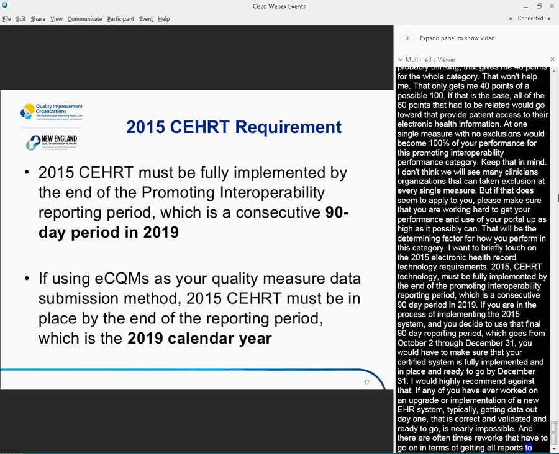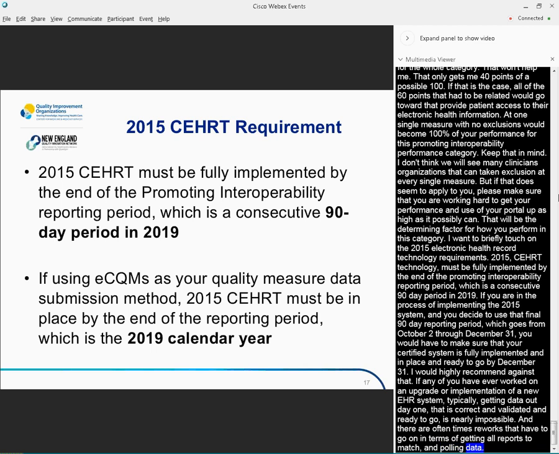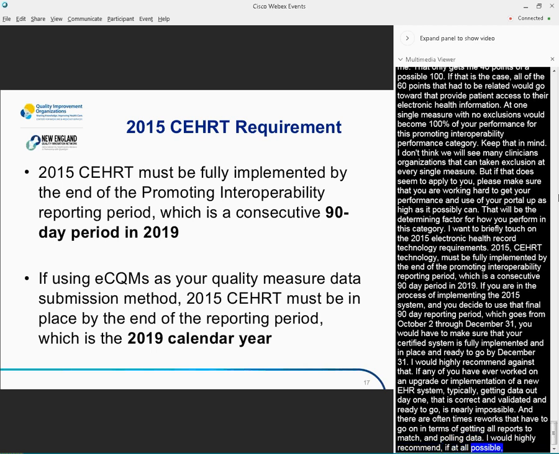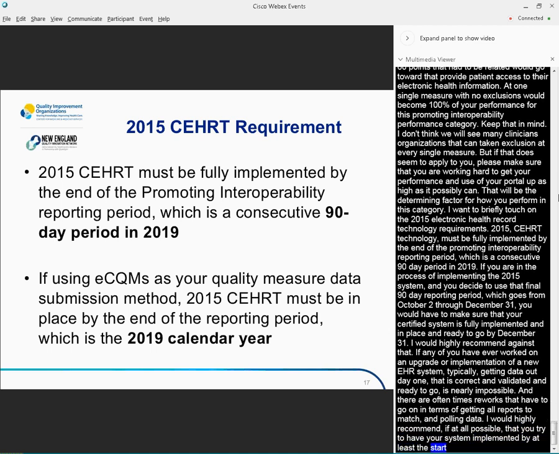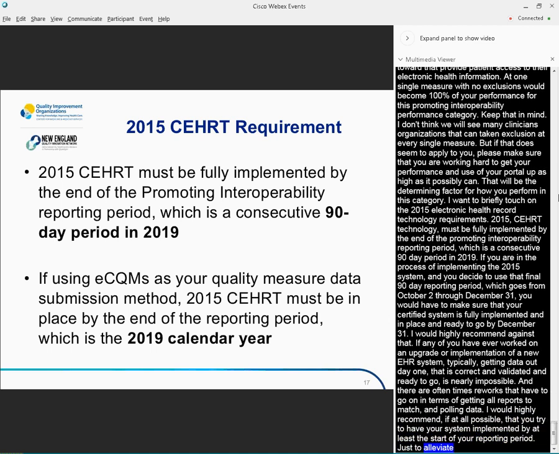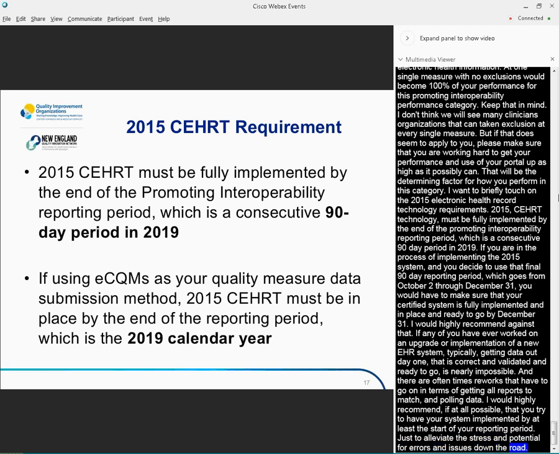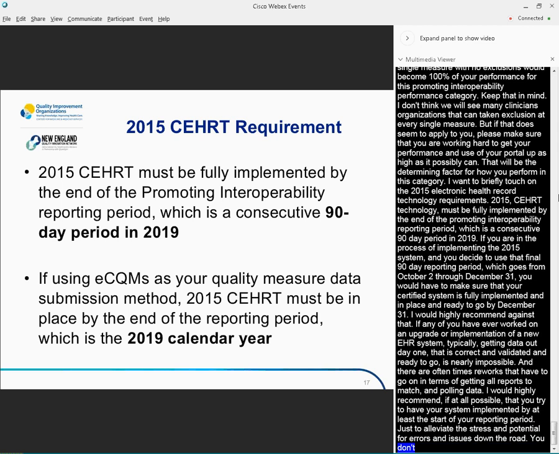So I would highly recommend, if at all possible, that you really try to have your system implemented by at least the start of your reporting period, just to alleviate the stress and potential for errors and issues down the road. Now, you don't have to. That's not the requirement. But from previous experience, I would just highly recommend that you have it in place before you start reporting.